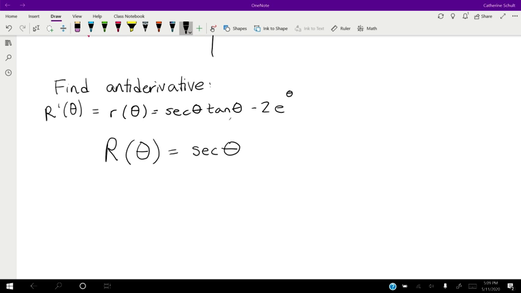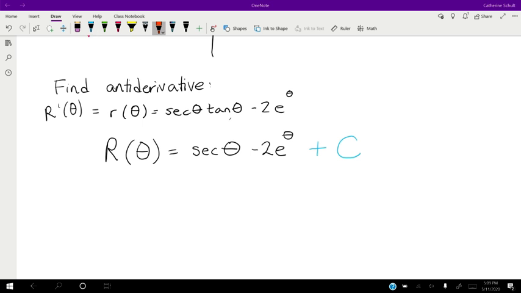All right, and then here also, what's the antiderivative of e to the theta? What function has the derivative e to the theta? E to the theta. That's our exponential function. It's just e to the theta. And then finally, what can we do to make this the general antiderivative? We can add a constant.